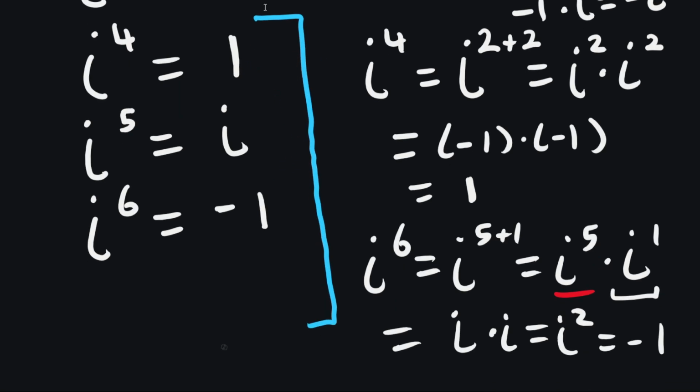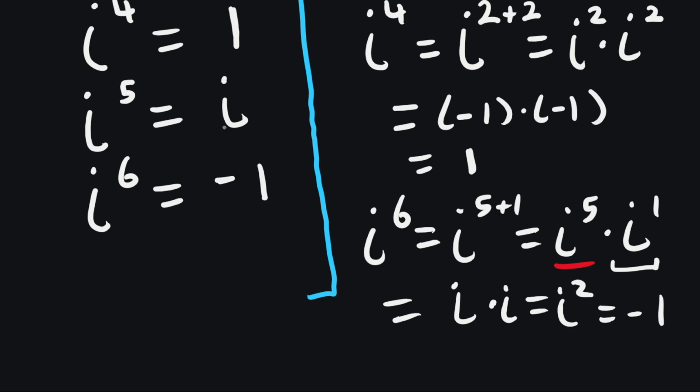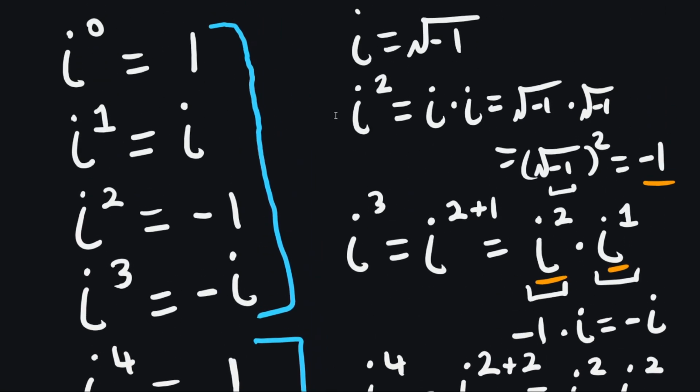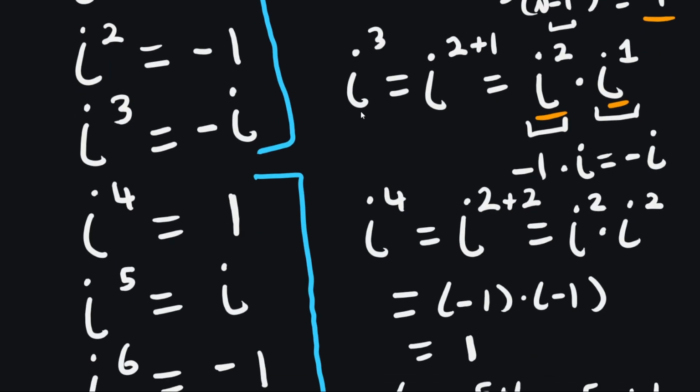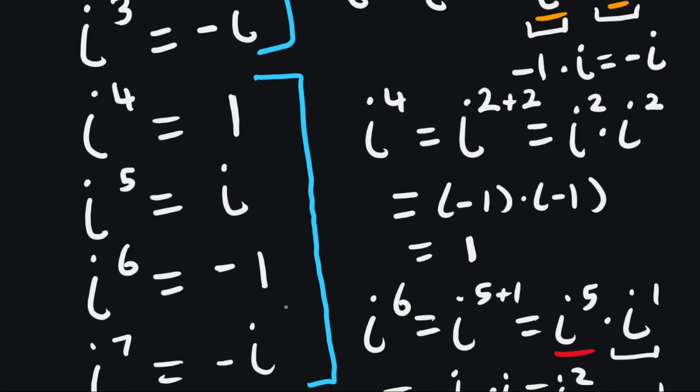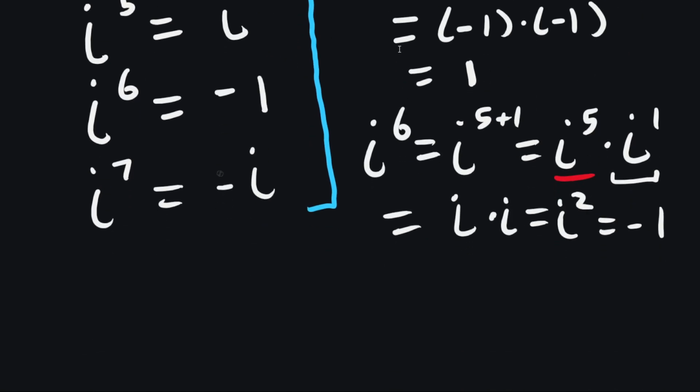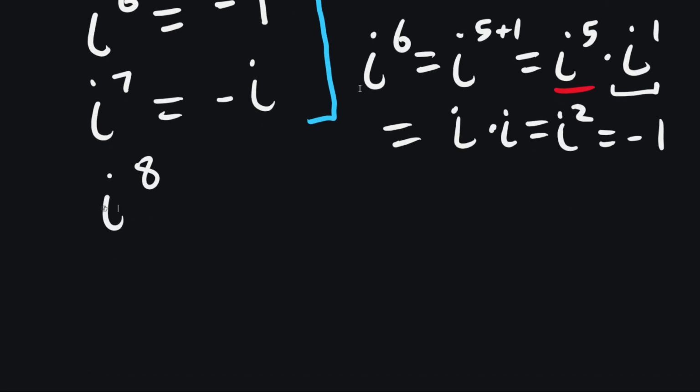And even if you go to i to the 7th power, this happens to be -i. And this repeats forever: 1, i, -1, -i. So you can predict the next few powers: i to the 8th, i to the 9th, i to the 10th, and i to the 11th.